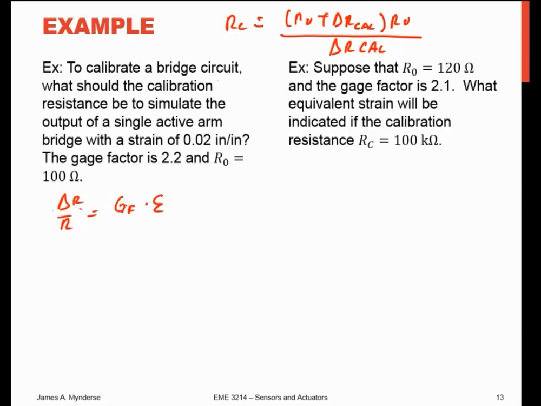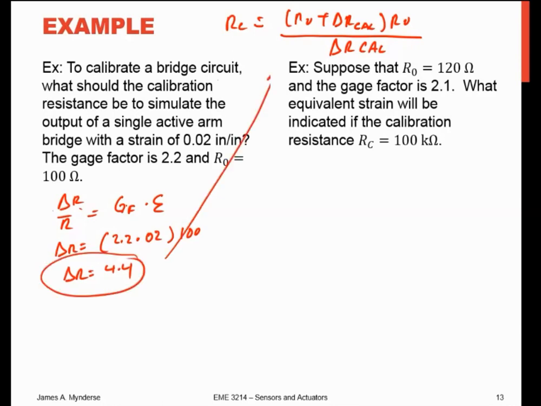Rearranging that, delta R equals 2.2, our gauge factor, times 0.02, our strain, times 100, our nominal resistance, and I get delta R equals 4.4.